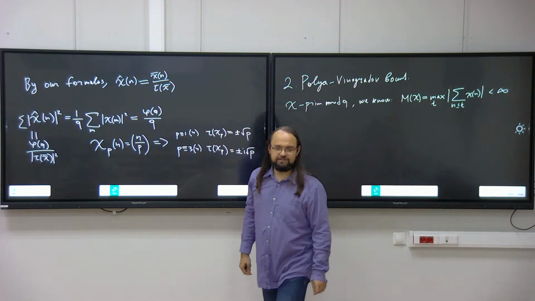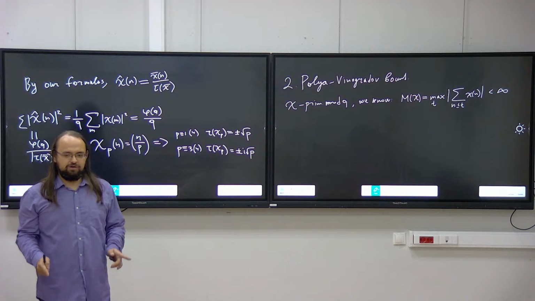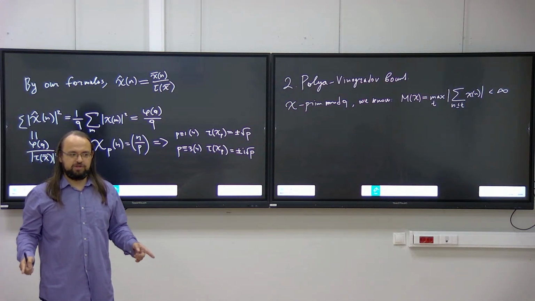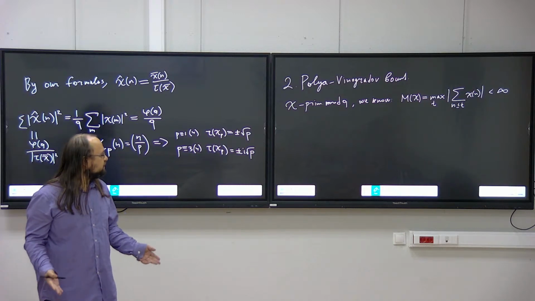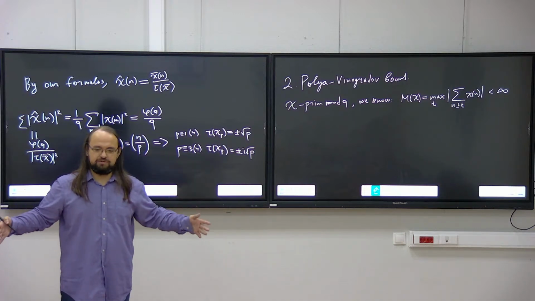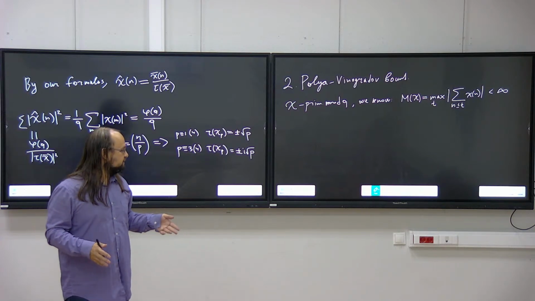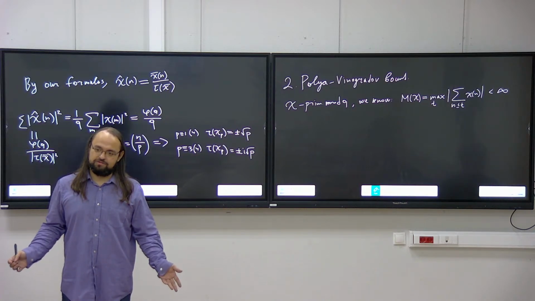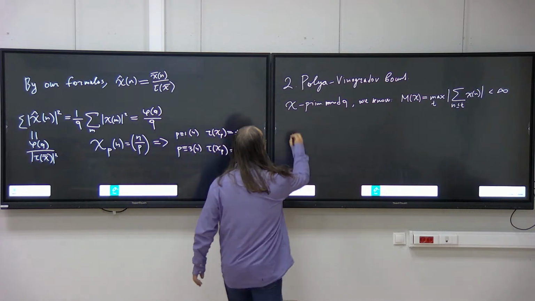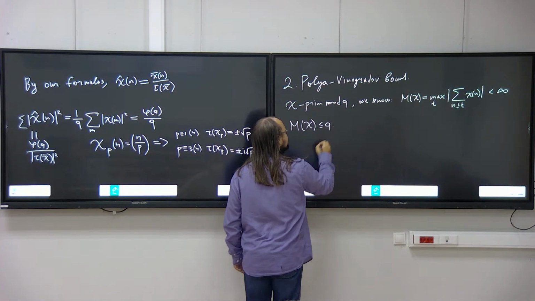So the complete sum of your character over all numbers from 0 to q is equal to 0. So if you consider any larger interval, you can cut chunks of size q, and then you are left with some remaining interval of size at most q. So actually we know that M of chi is at most q.